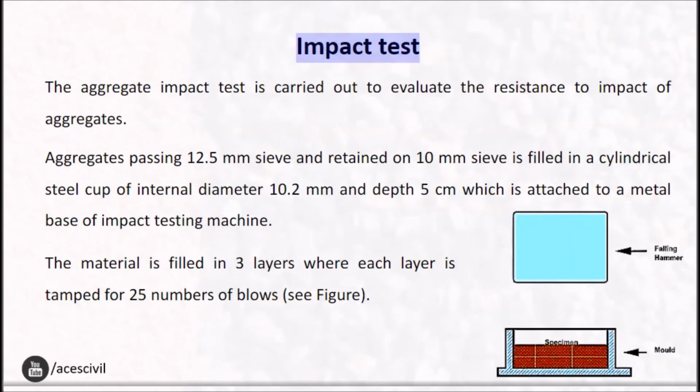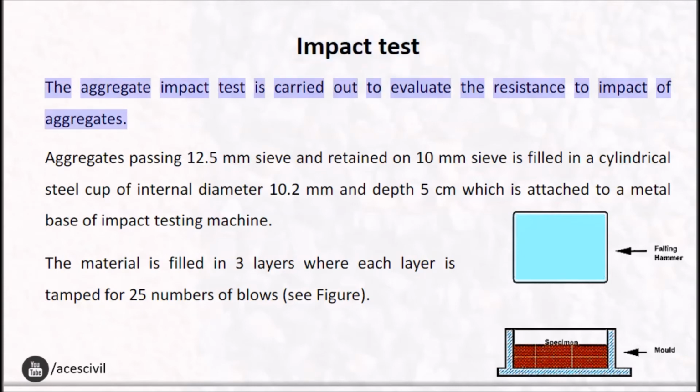Impact test. The aggregate impact test is carried out to evaluate the resistance to impact of aggregates.